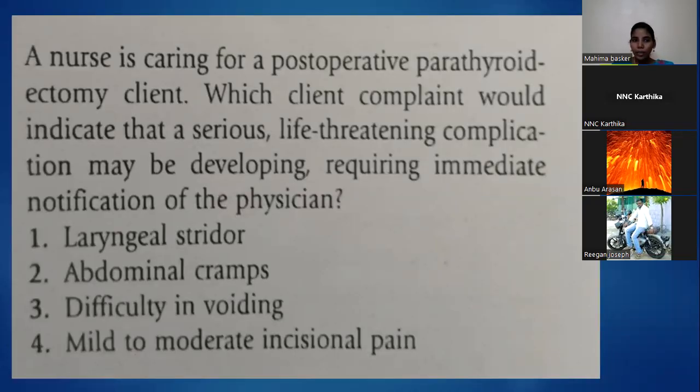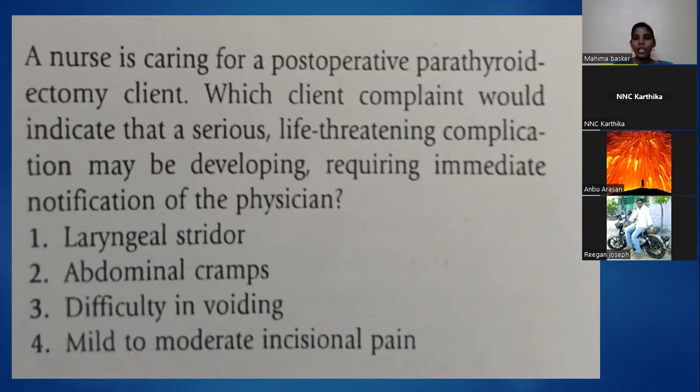Post-operative parathyroidectomy. Which client complaint would indicate that a serious life-threatening complication may be developing, requiring immediate notification of the physician? Life-threatening complication of post-operative parathyroidectomy. Okay, from down to up. One number answer, so it is laryngeal stridor.